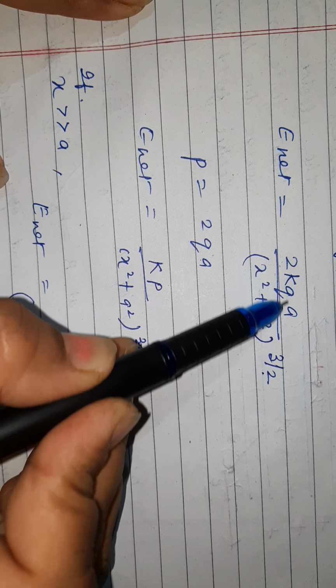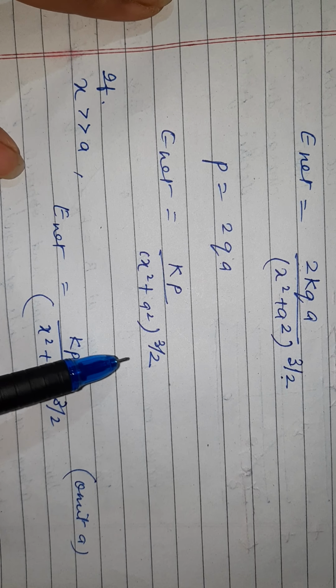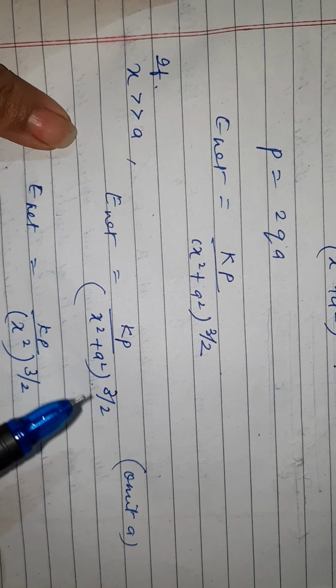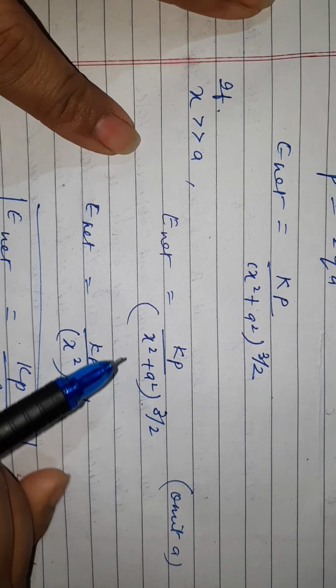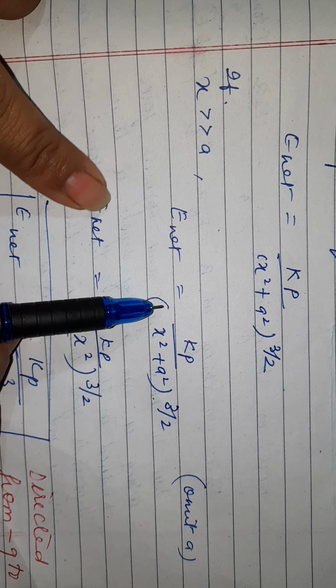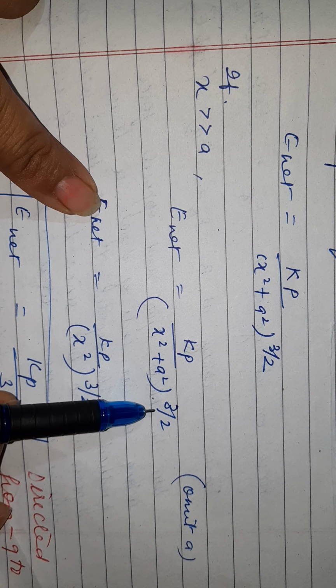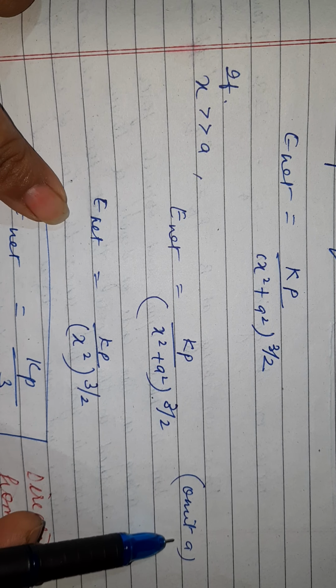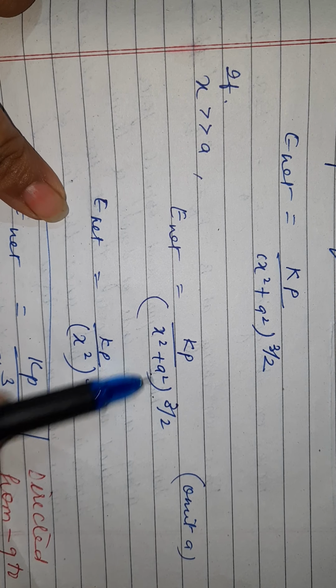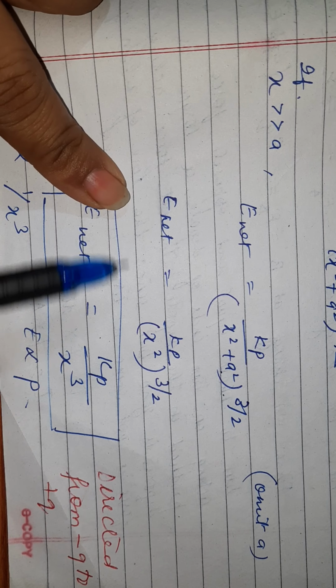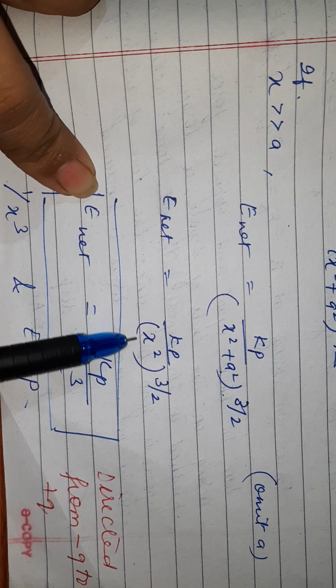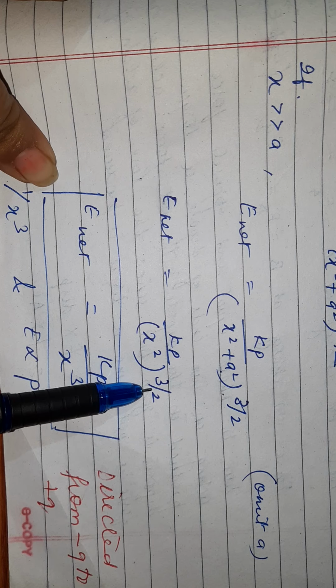So E net will be kp upon x square plus a square to the power 3 by 2. Now if x is very large, we can omit a in this expression. So we find E net as kp upon x square to the power 3 by 2.